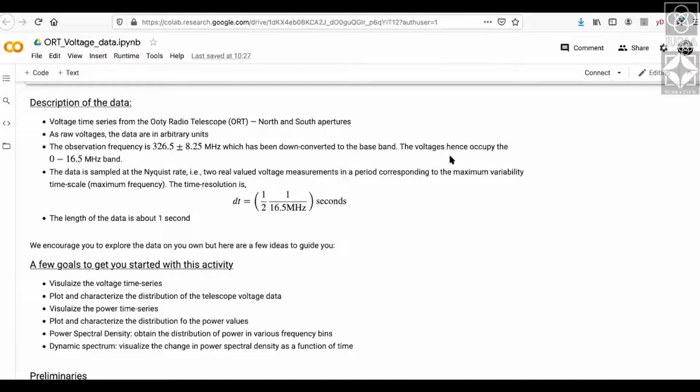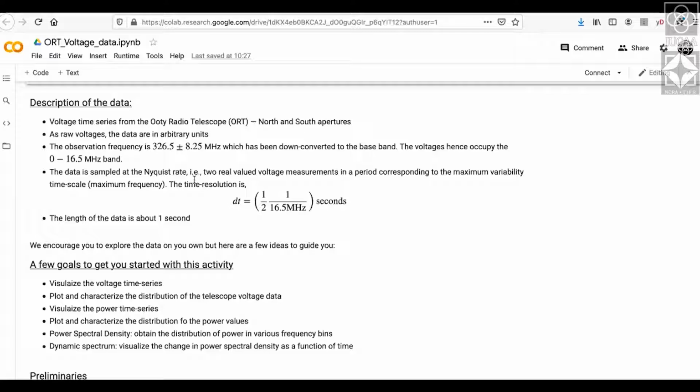So eventually you can express it when you plot it, and you can show them between around 326.5 megahertz. But when you find the constituent frequencies while doing a Fourier transform or something, it will be from 0 to 16.5.